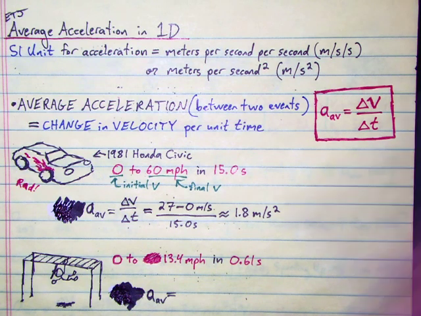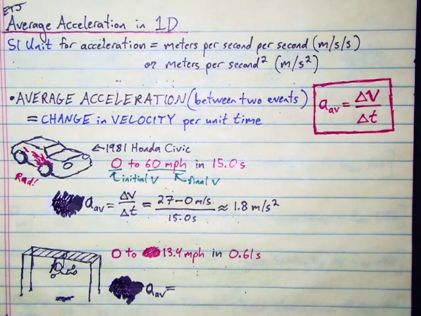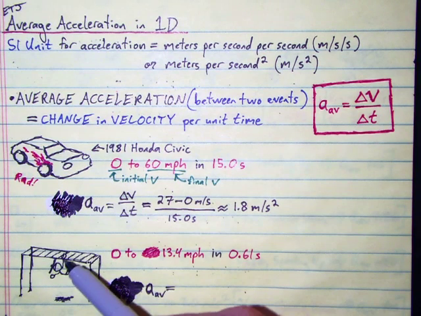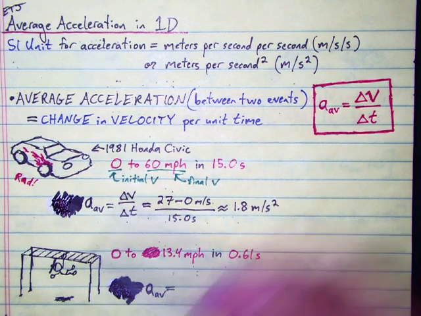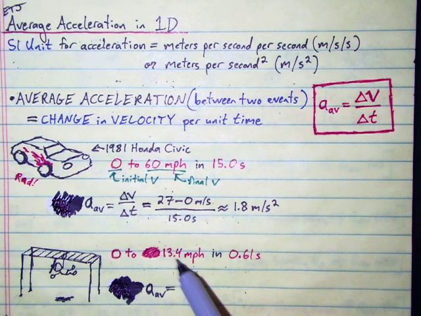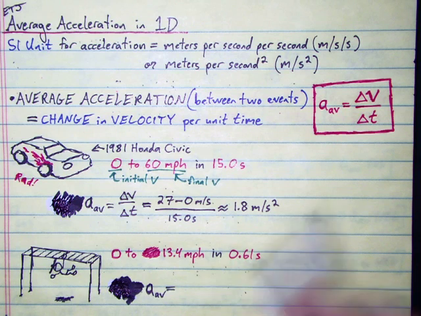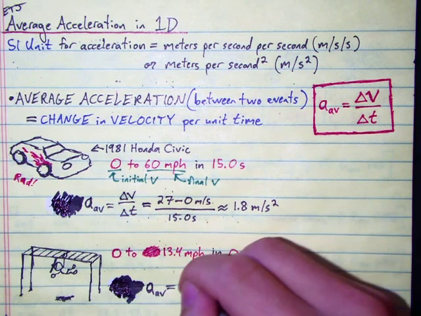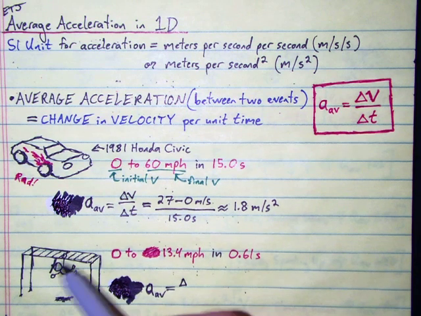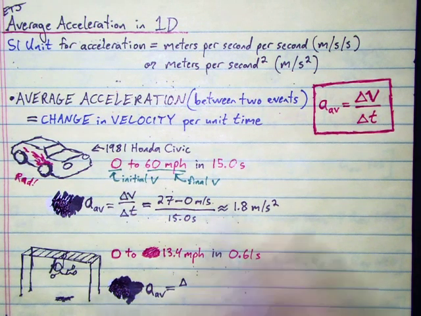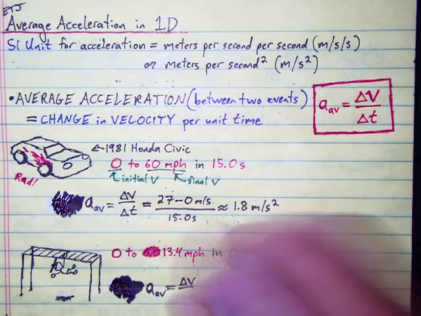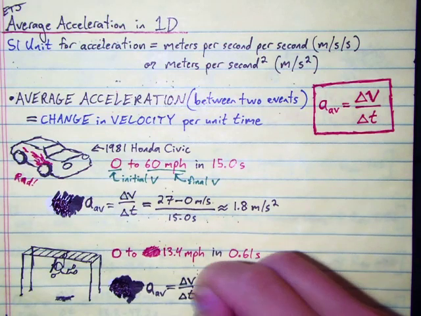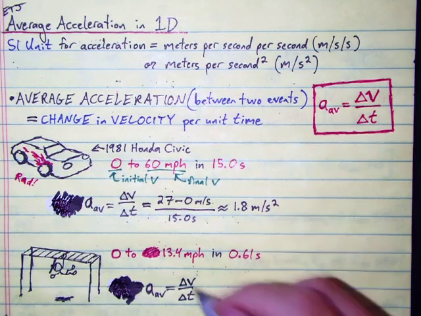Another example, let's say we have a child on the monkey bars at the playground. The child drops from the bars, plummets towards the ground, and moves from 0 to 13.4 miles per hour in 0.61 seconds before striking the ground. Let's look at that acceleration. Again, the average acceleration between those two events, between releasing from the monkey bars and striking the ground, is the change in velocity between those two events divided by the change in time between those two events.